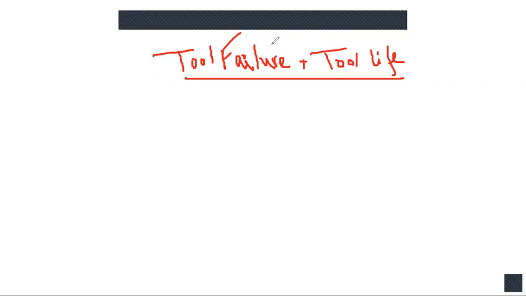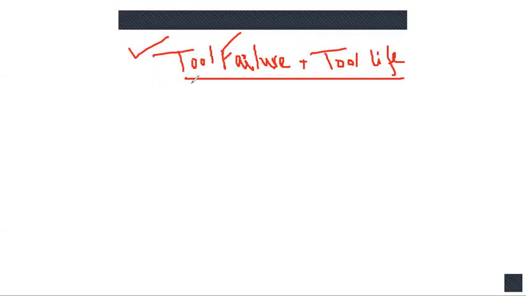Okay. First of all, we discuss tool failure because during machining operation, there are several parameters acting on the workpiece, acting on workpiece and job and tool, so that there is a chance of tool becomes dull.